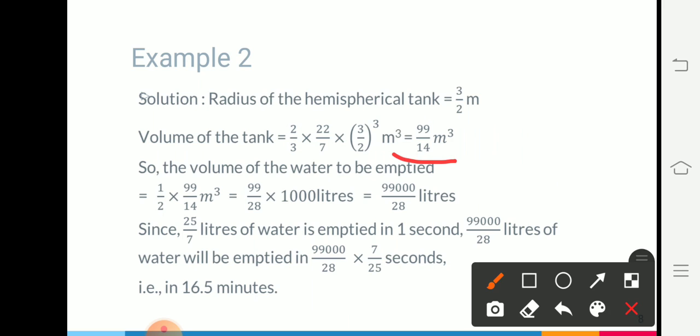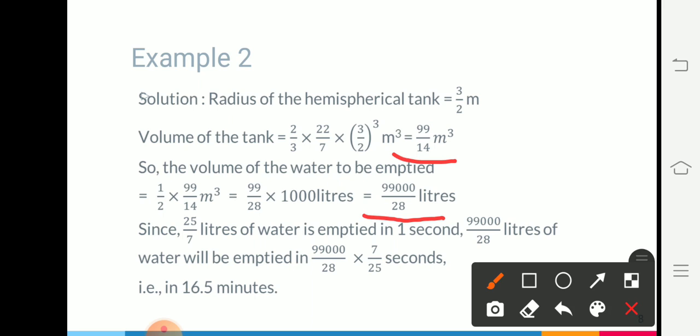So whatever answer you get, 1 by 2 into 99 by 14, which is 99 by 28, multiply by 1000. So you're getting 99,000 by 28 liters. So now you can use either the unitary method or the time and distance method, whichever you find easy.